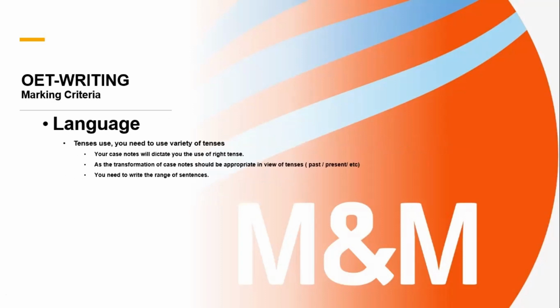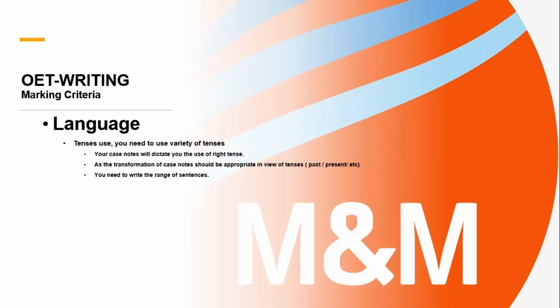Now, coming to the next part, that is your language. What do we have in the language part? In the language part, you have to learn which tense is more appropriate and which tense is less appropriate, right? I may have to use present tense, past tense, or perfect tense, okay?